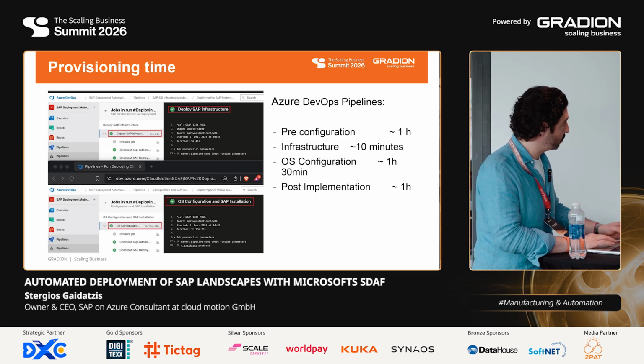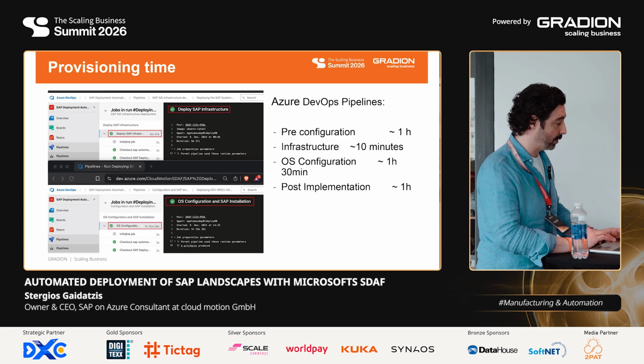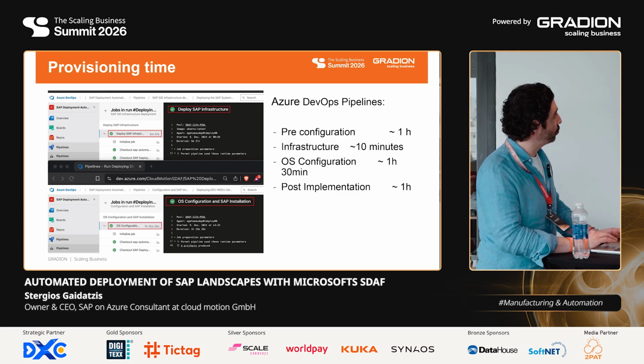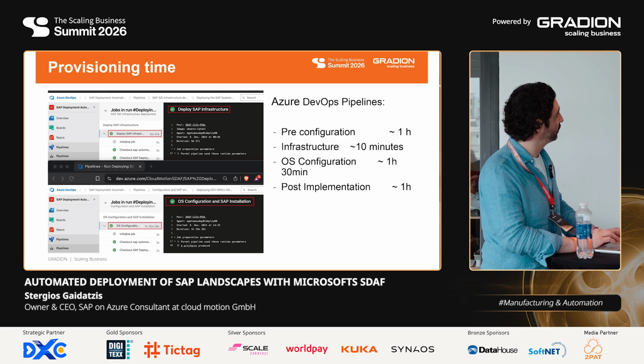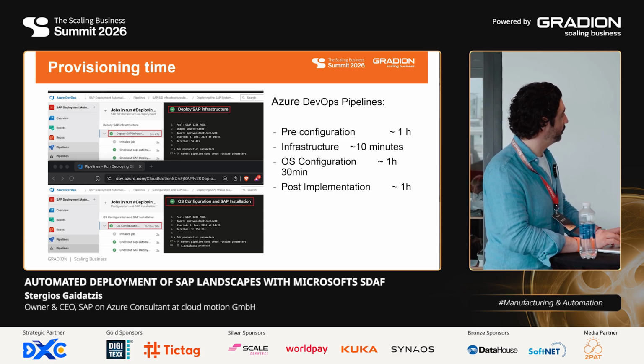Oh, but just a second. I can also run, now the system is up and running. We can connect to the system. But what we can also do is use another pipeline to remove the system.